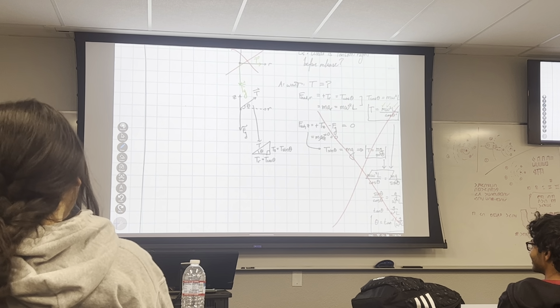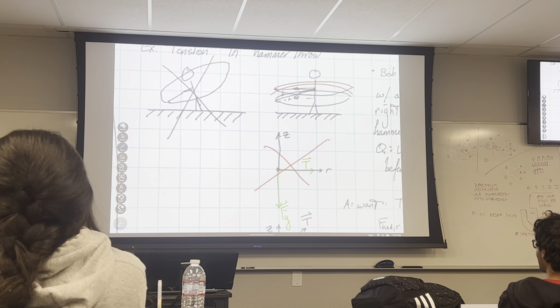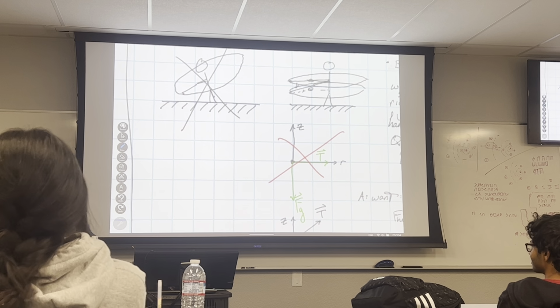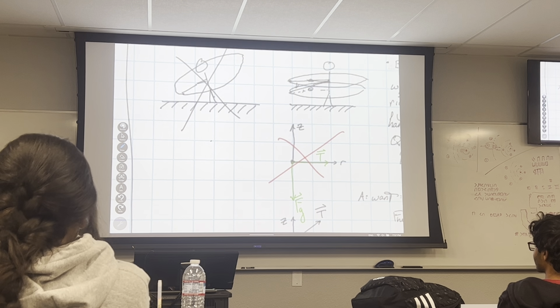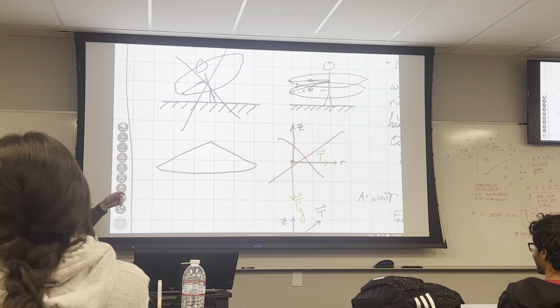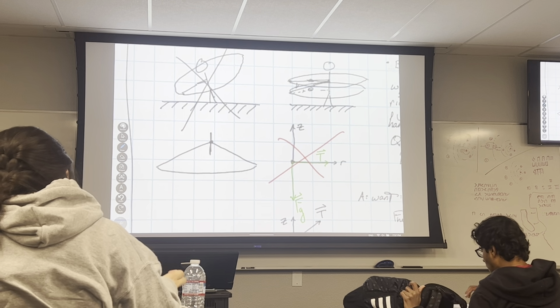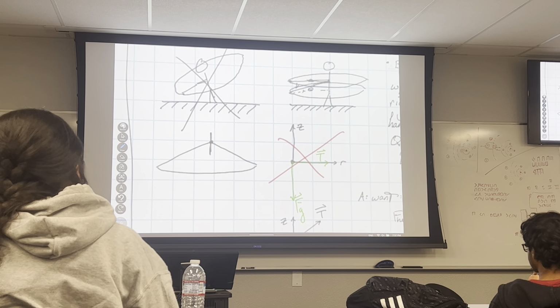It is L. The reason is, as soon as it's at an angle, if you look at the overall shape of the circle with the person standing right here, we make a cone.